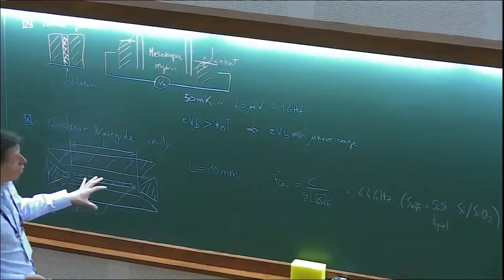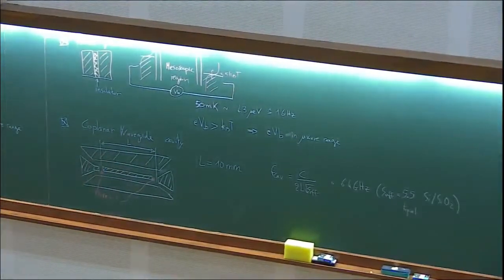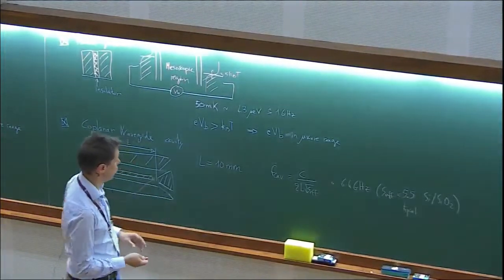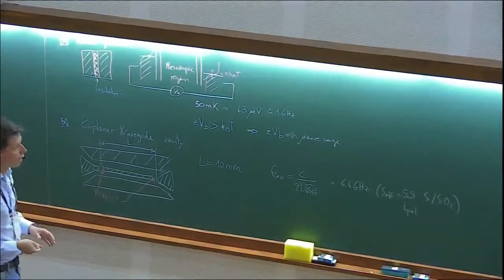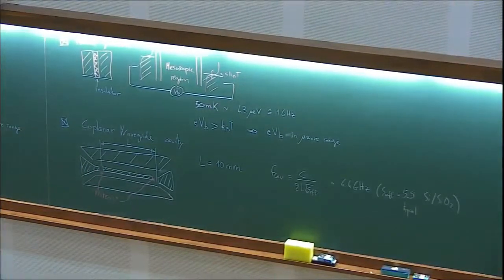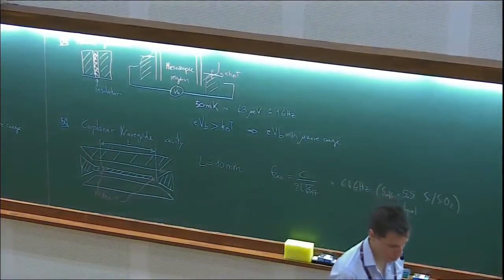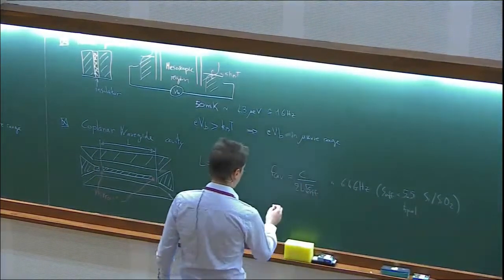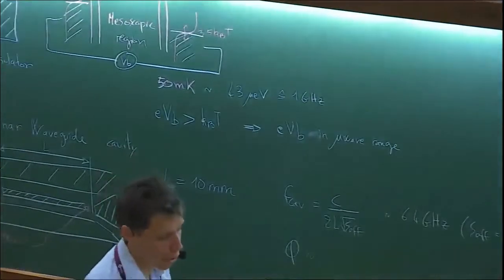And so you see that there is a mesoscopic object here, which we are going to couple to a macroscopic object, essentially, because it's 10 millimeters long. And actually, I will show you that this can lead to a very large coupling. And just another thing which is important is the quality factor, which relates to the line width of the cavity.